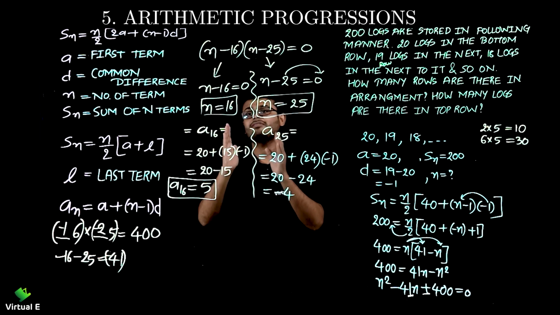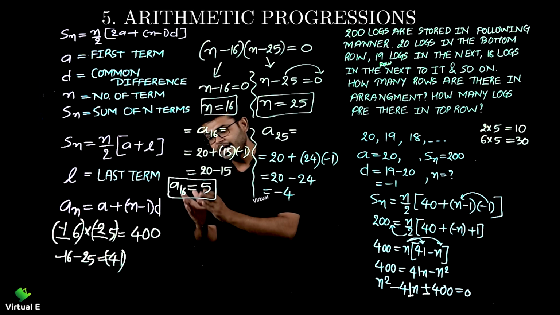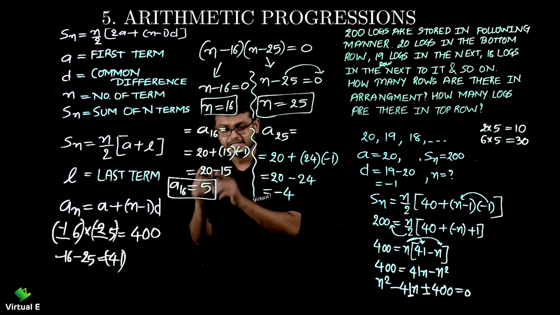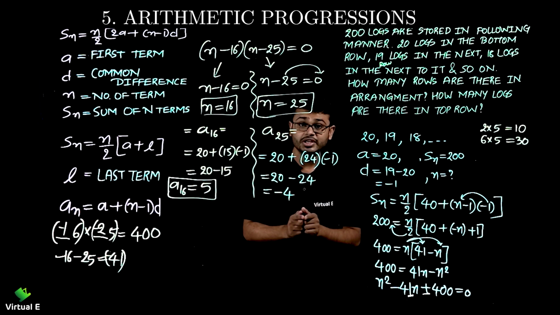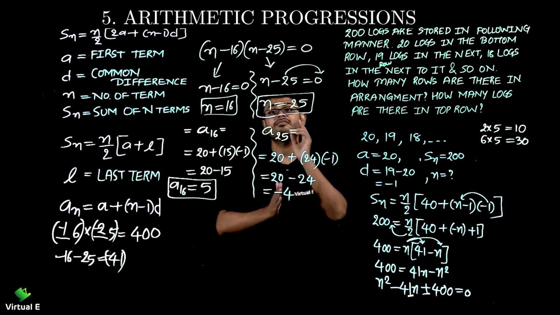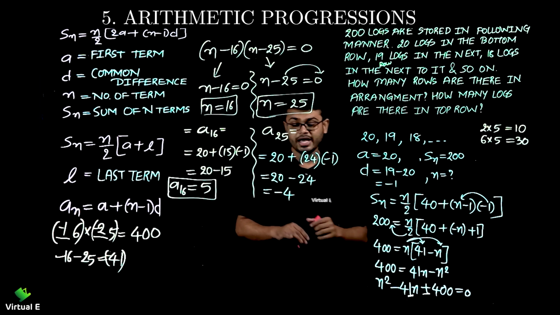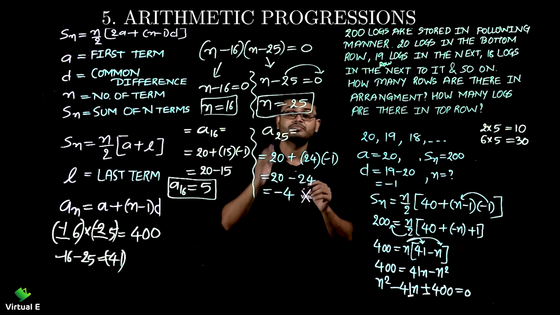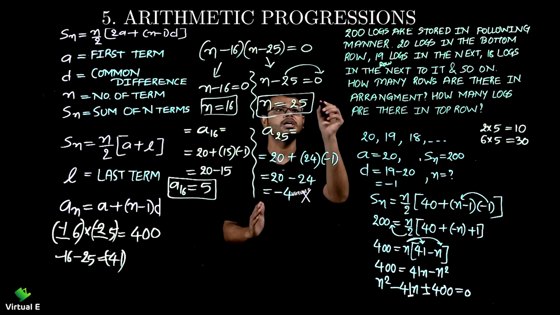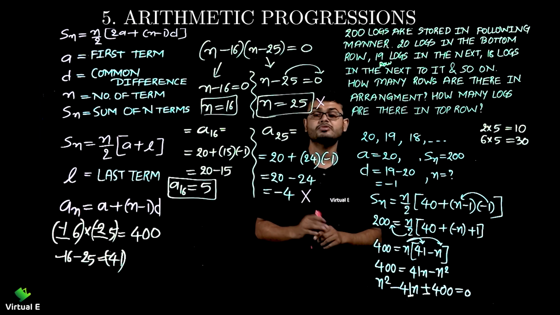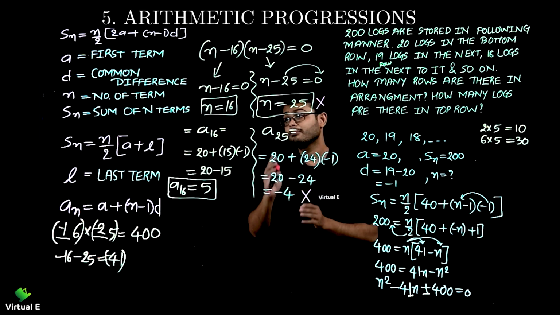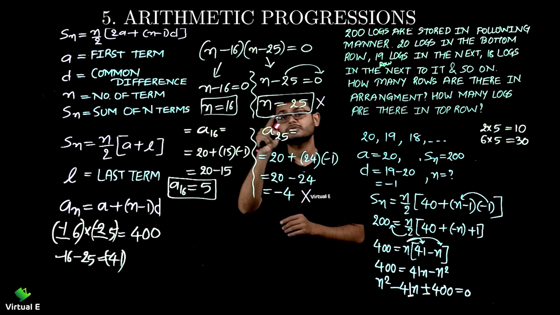So here I will be having two choices. Can I have 5 logs in real life? Yes. Can I have minus 4 logs in real life? No. So I will not be choosing n equal to 25. Remember, why am I discarding this? Because minus 4 logs are not possible. So I will not be taking n equal to 25. But I will be taking n equal to 16.